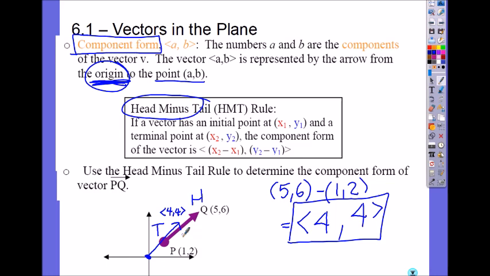Tail at 0, 0. That's what component form is. So if you had something over here, where x increased by 4, going up by 4, this will have the same component form, which will be 4, 4. Because if you move this arrow to 0, 0, it will end at 4, 4. That's the component form of a vector.